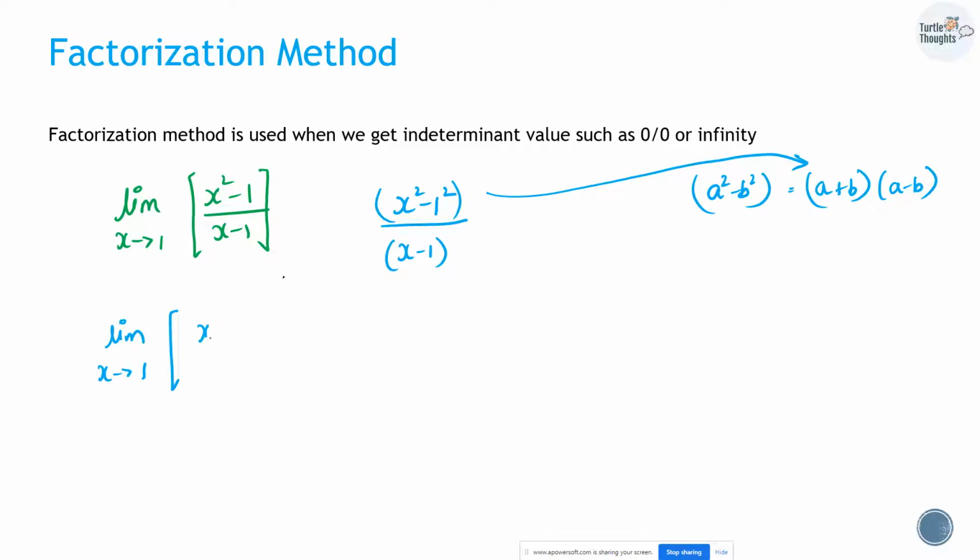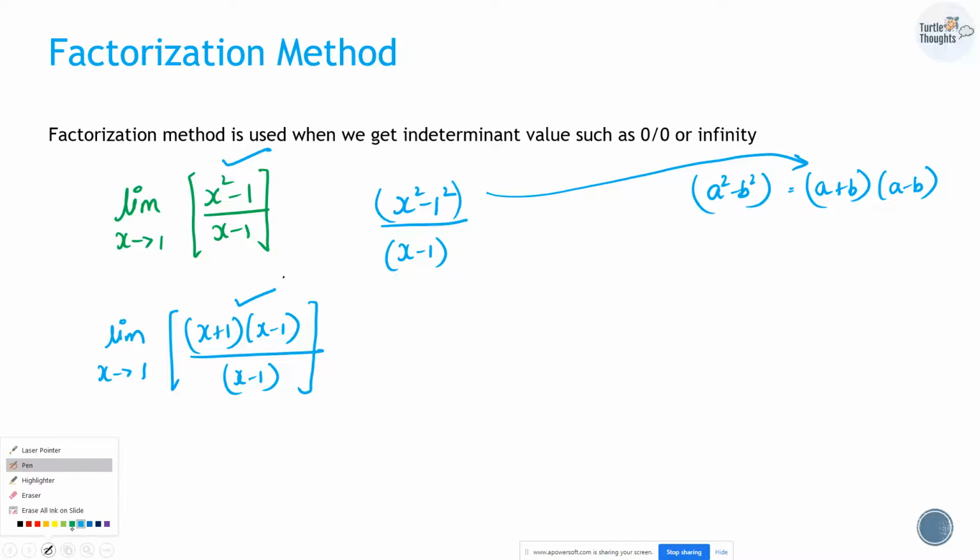Upon doing that, I will be getting x plus 1 multiplied by x minus 1 over x minus 1. This and this both are one and the same, just the form is different. Now, can I cancel x minus 1 and x minus 1? Yes, I can cancel x minus 1 with x minus 1. I will be left with the limit of x tending to 1 of x plus 1.